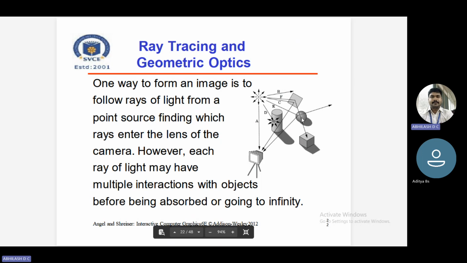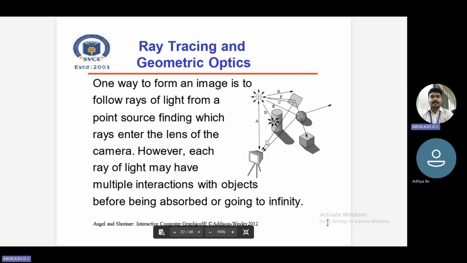When it falls on a particular sphere, it may reflect at one particular place also. So rays which fall on the object may go towards any other place. Where exactly it is going is called ray tracing. One way to form an image is to follow the ray of light from the point source, finding which ray enters the lens of the camera.